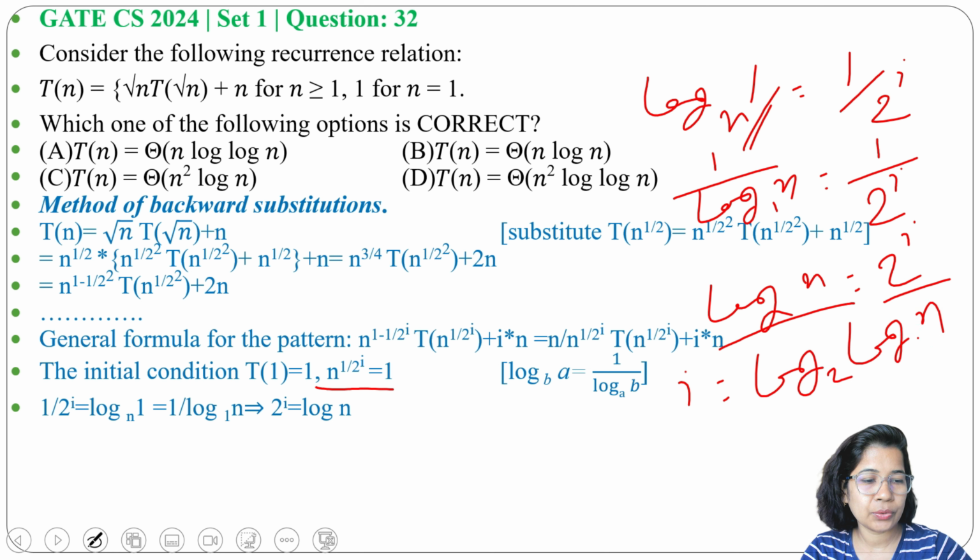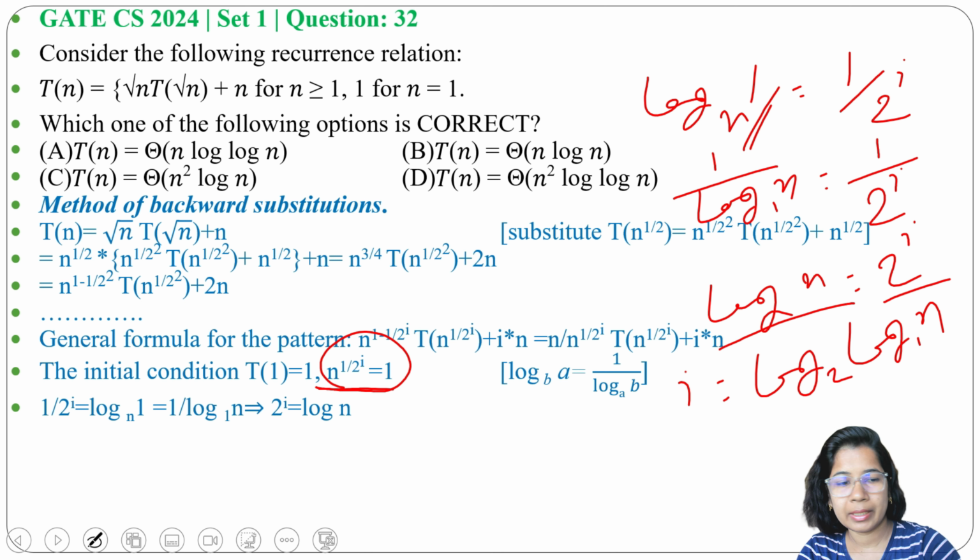Here the base is 2, here the base is 1. That's why I told initially, if the initial condition is T of 2 equals to 1, and n power 1 divided by 2 power i is 2, then both bases can be 2. Okay. So anyway, we are getting i equals to log log n.